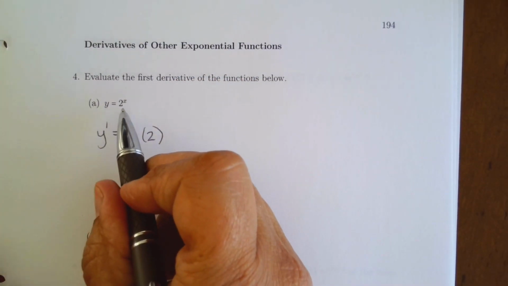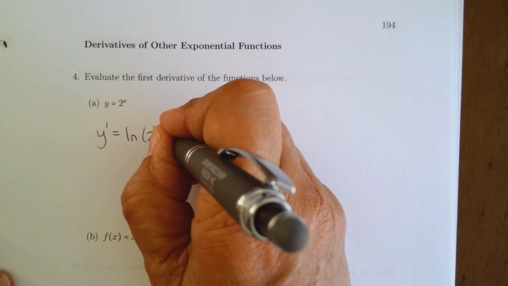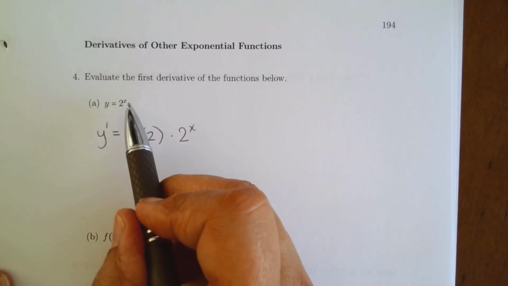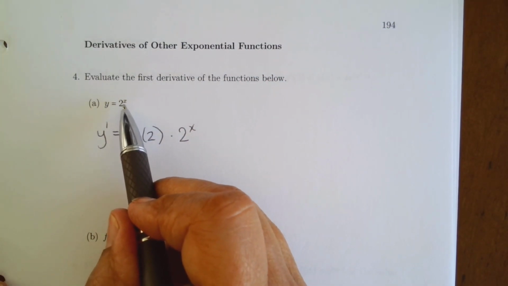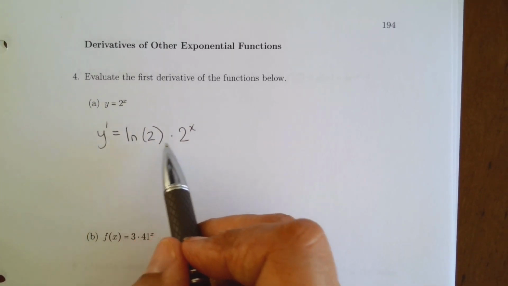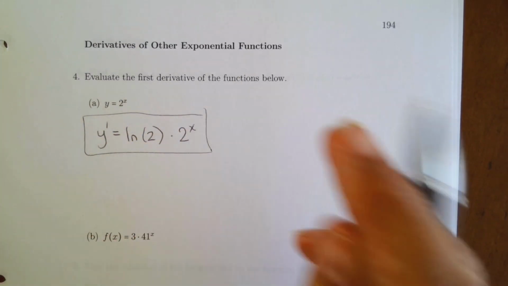Then it becomes just like before. If it was e to the x, the derivative of any exponential function is the exponential function. And if there was a function up here, I would have to multiply by the derivative of that. But the derivative of x is just 1. That is your derivative.